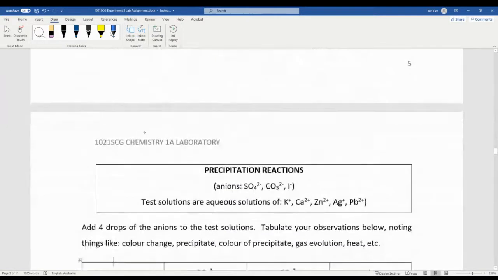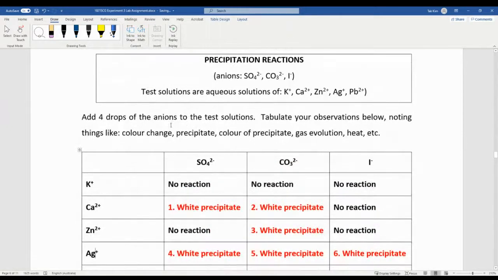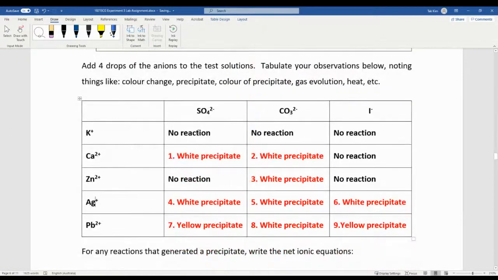Right, and so this part is all about precipitation reactions. Depending on the solubility, you will see some of them will precipitate, some of them will stay as a clear mixed solution.